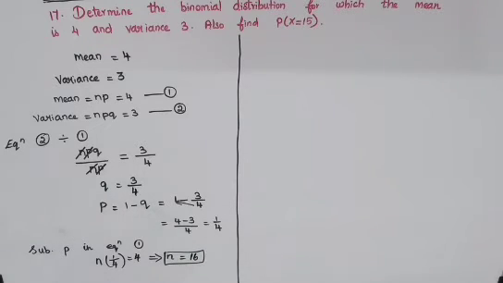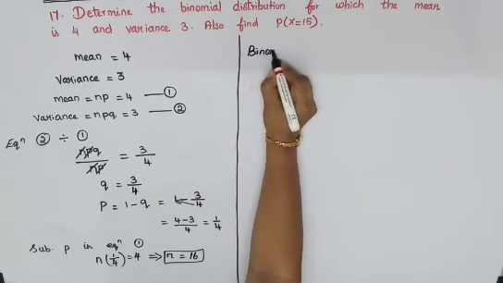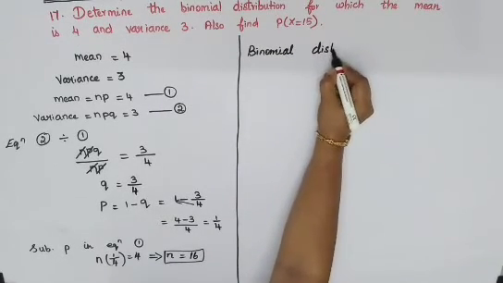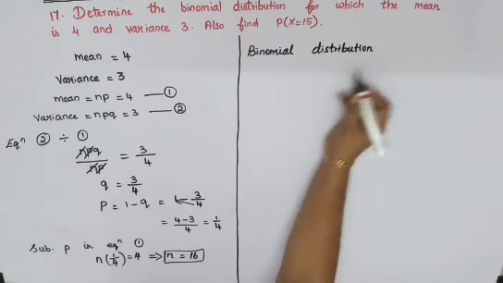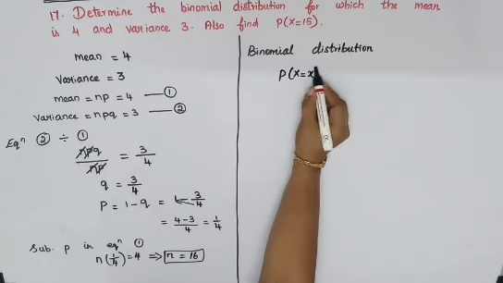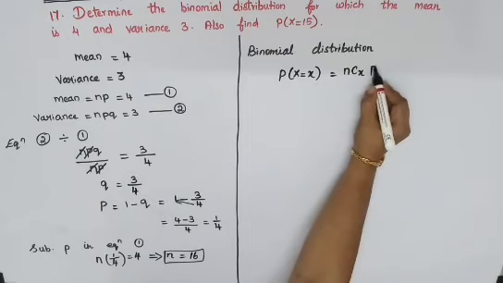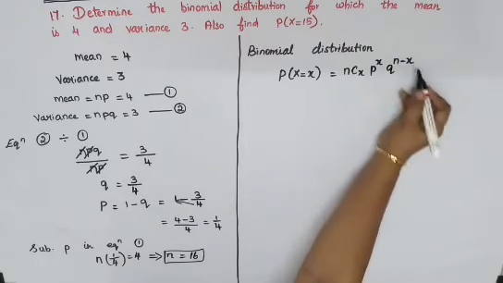Now you'll have to substitute in your binomial distribution formula. Okay. Binomial distribution formula is P of X is equal to x, which is equal to NCx P power x Q power n minus x.